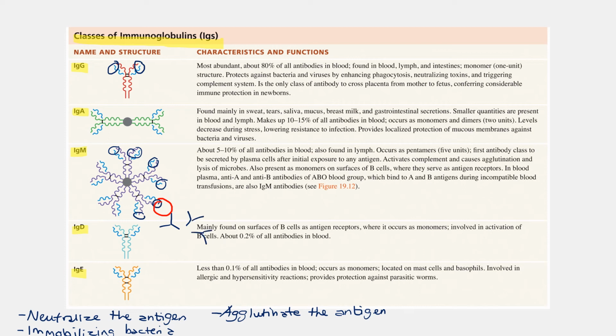And then we have another antigen here, which is bound to this part of the IgM. And then this one is also bound to another IgM, for example. So we're going to be clumping all of these antigens together because one antigen can bind with several antibodies.